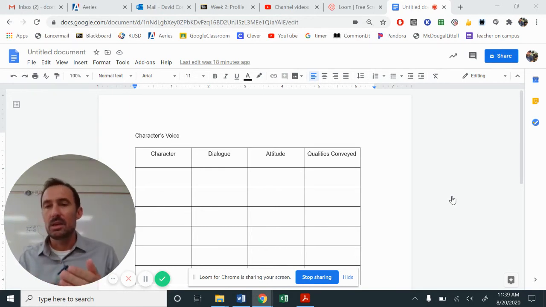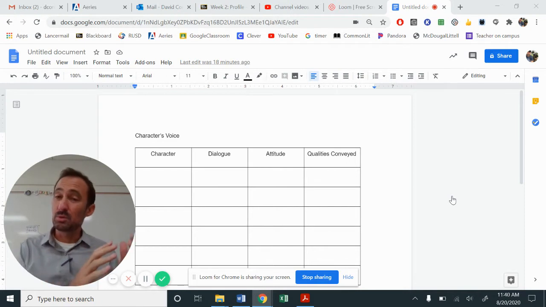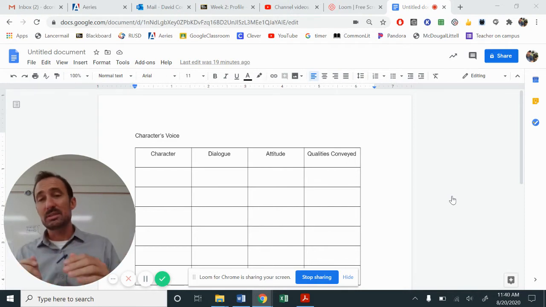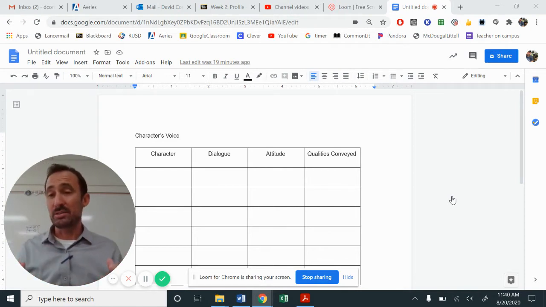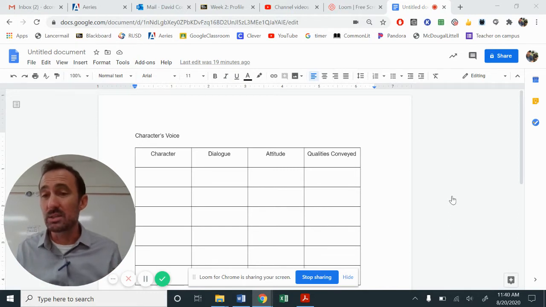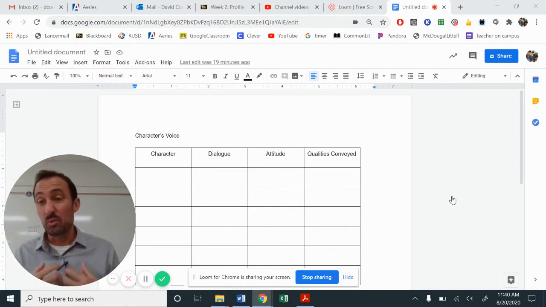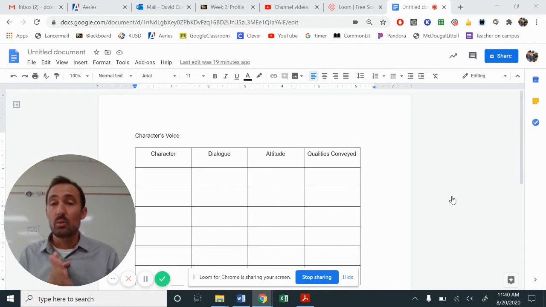Today's activity is telling us, when a character talks and is in dialogue and conversation, what does that attribute to their attitude, and what does that tell us about who they are as a person? So what qualities are they exuding, or conveying, when they talk in our novel?